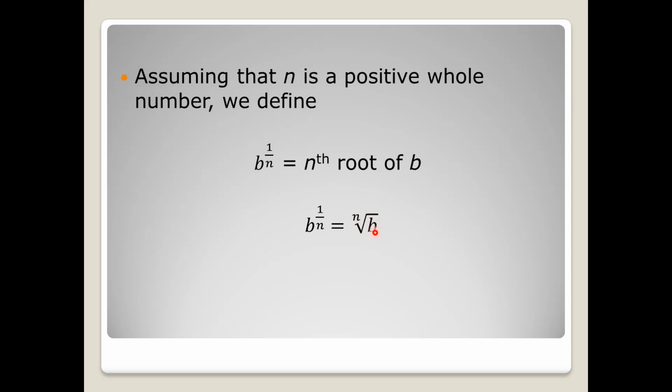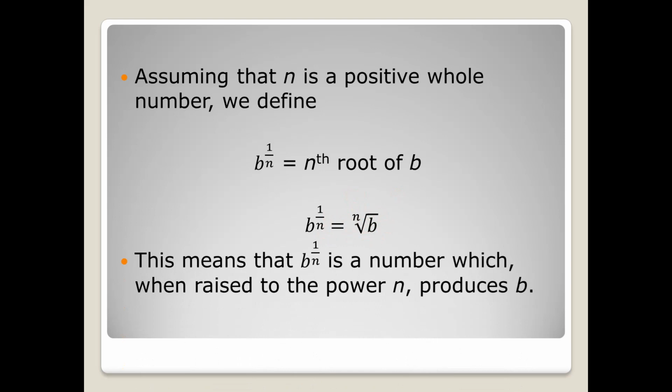And b is called the radicand, which is inside the root. So b to the power of 1 over n, we call it the nth root of b, and we can write it in this form. So this means that b to the power of 1 over n is a number which, when raised to the power n, produces b.